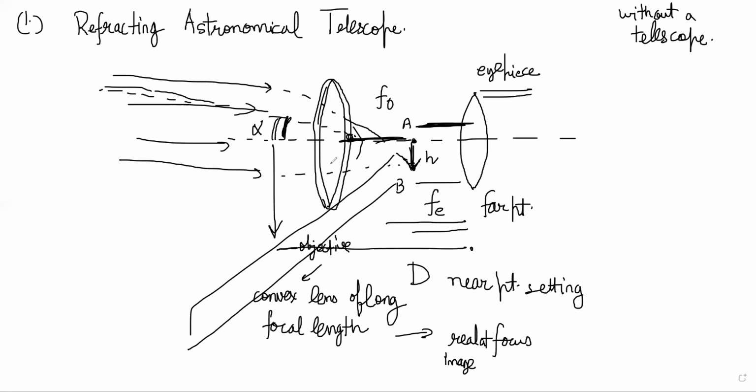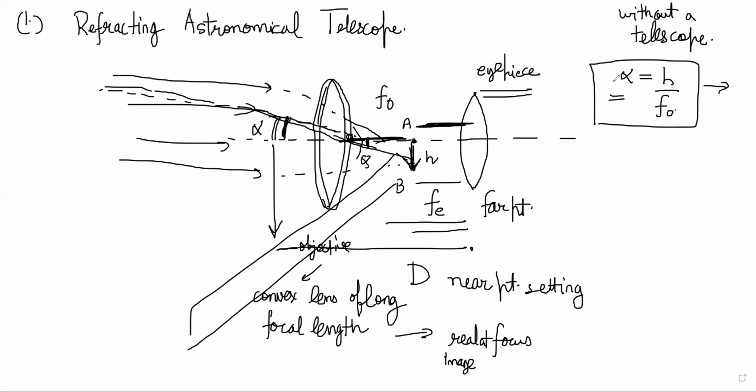So this angle will be the same because this angle is a vertically opposite angle here, right? You get alpha is equal to H by F naught, because this is coming from infinity and getting focused at the focal length, right? So that is your first relation, that alpha is H by F naught. That gives you the angular size of the actual object, right?